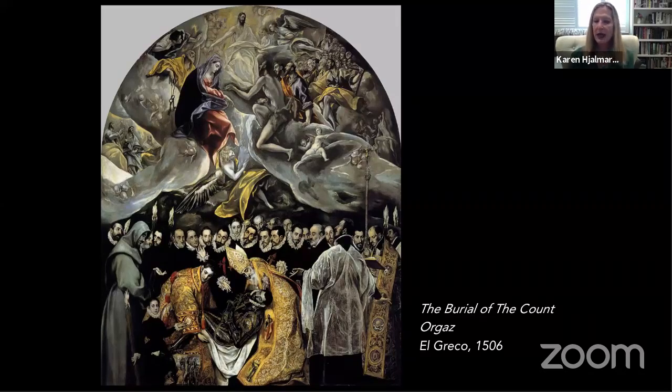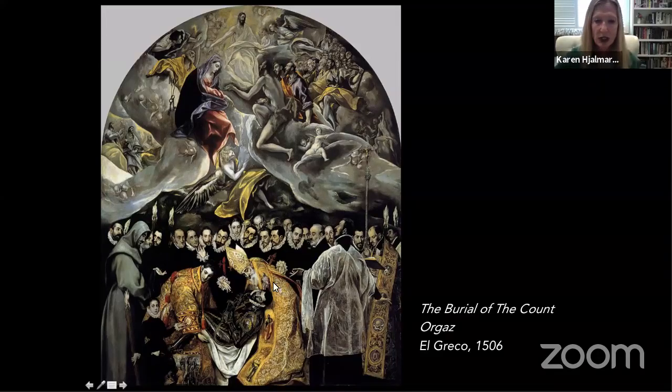But this one man here, a Father Nunez, seen here, he said, wait a minute, this count, he gave so much money to this church, to our programs, let's honor him. And so 250 years later, the count died about 1310, they decided to honor him with this painting by this great El Greco.